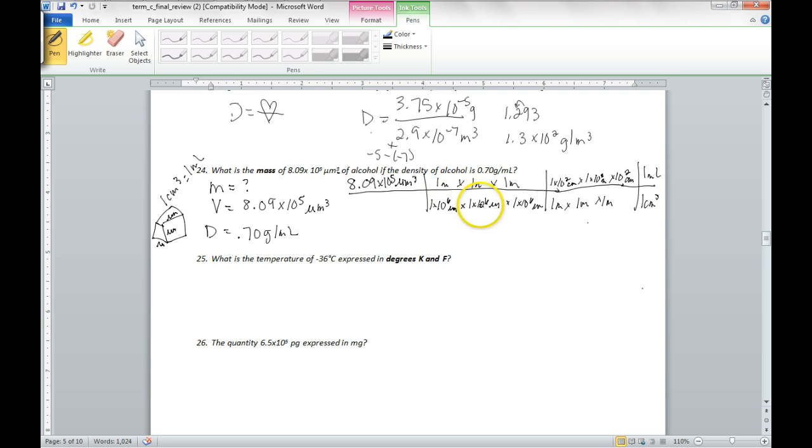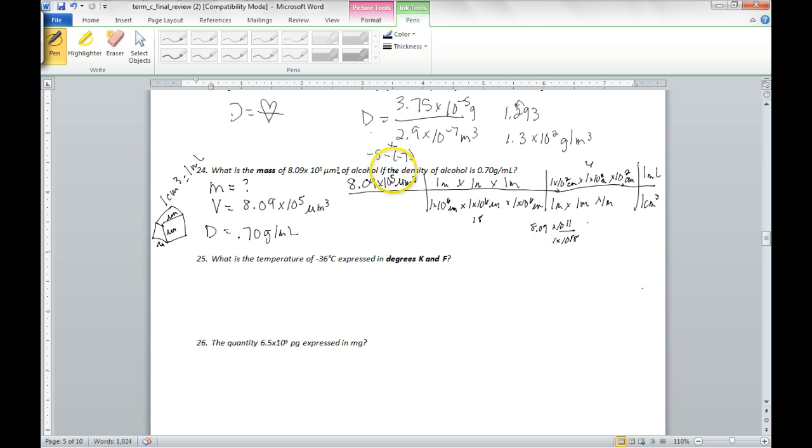So if I have 6 plus 6 plus 6 equals 18, and I know 2 plus 2 plus 2 equals 6, I have 5 plus 6 is 11, divided by 1 times 10 to the 18th. So it's going to be 8.09 times 10 to the 11th.